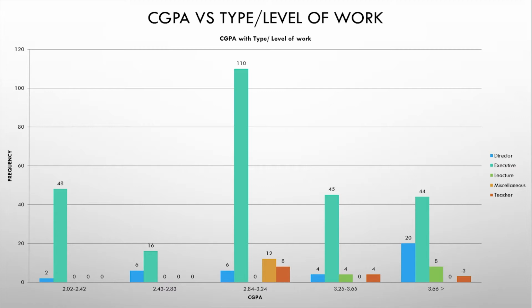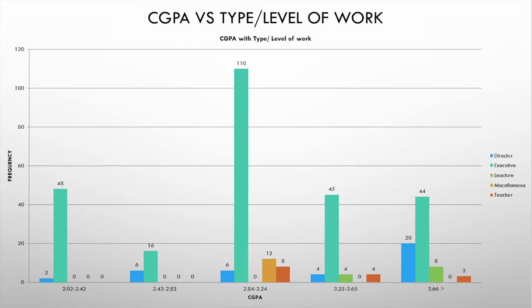To analyze and compare CGPA between type or level of work, we use a bar chart to display it. From the graph, we can see that the students who get CGPA 2.02 until 2.42 work as executive and director. The students who get 2.43 until 2.83 also work as executive and director. Then the students who get CGPA 2.84 until 3.24 work as executive, director, miscellaneous and teacher.